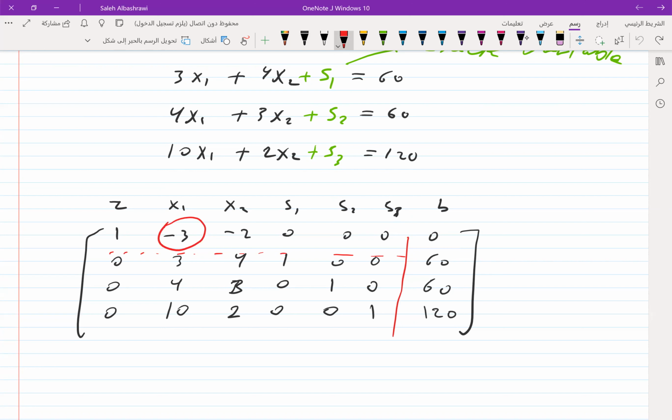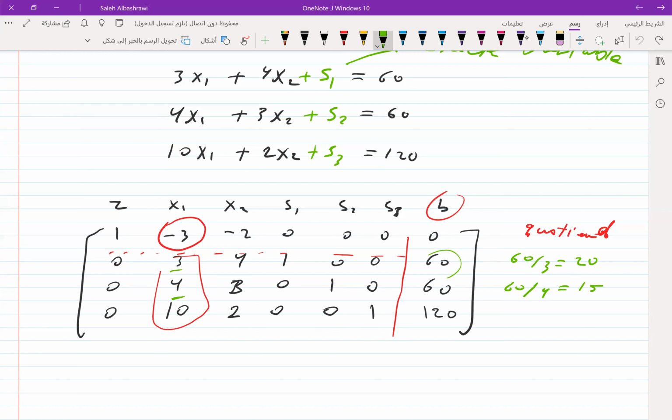Now, we need to find the quotient. I'm going to divide b by these numbers. So the first one, I have 60 divided by 3. These are the quotients. 60 divided by 3 equals 20. Second one, 60 divided by 4 equals 15.